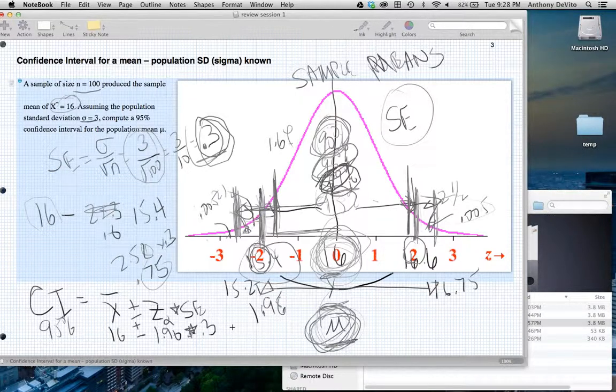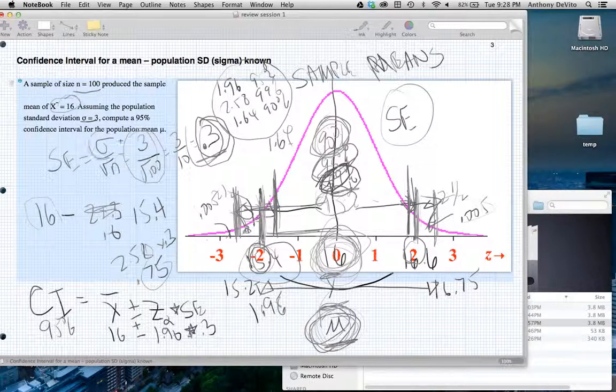What do we need to calculate this confidence interval using these z-scores? The z-score 1.96 for 95%, or 2.58 for 99%, or 1.64 for 90%. What do we have to know in order to do that?